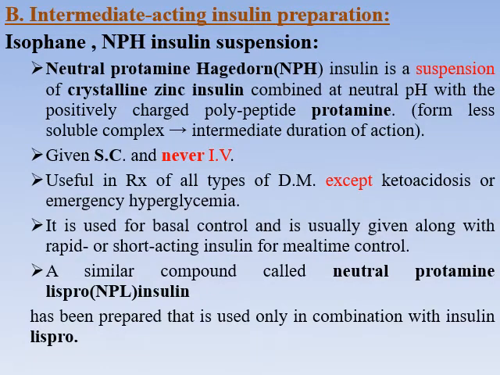The intermediate acting insulin preparation, like the neutral protamine Hagedorn, also called NPH, is a regular insulin plus protamine and zinc to form less soluble insulin and give an intermediate duration of action, given subcutaneously but never intravenously because it is a suspension, and it is useful in type 1 and type 2 diabetes mellitus.